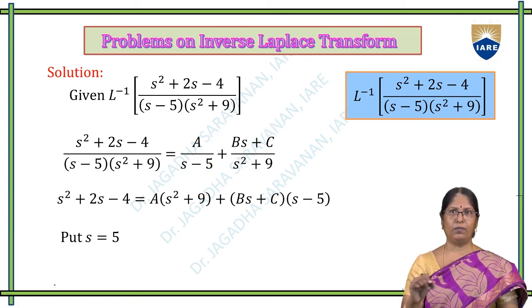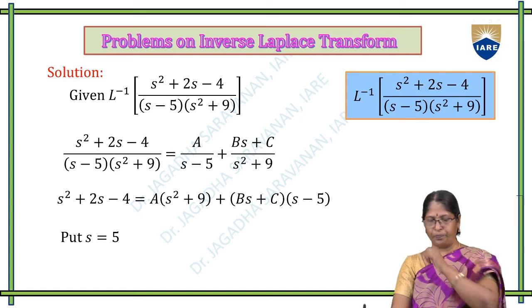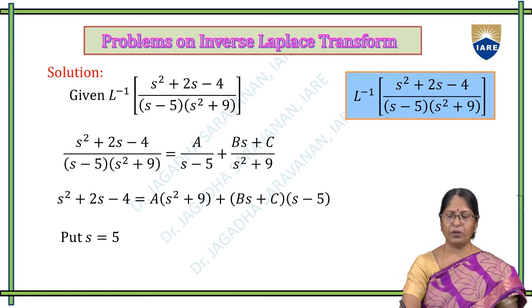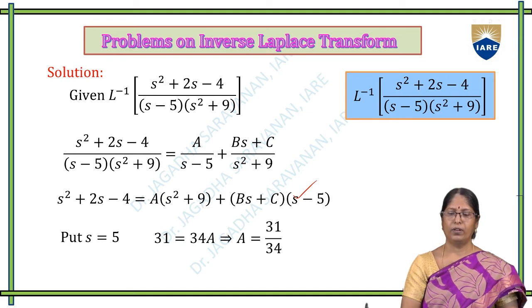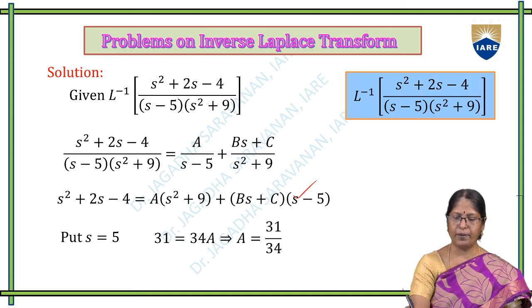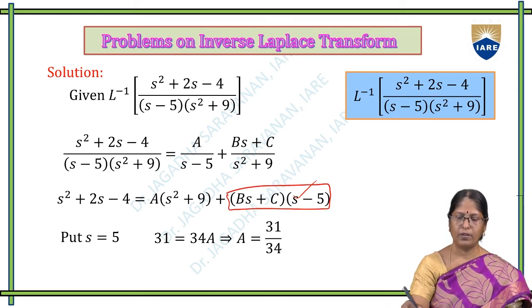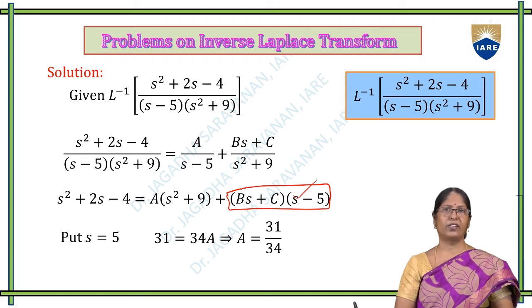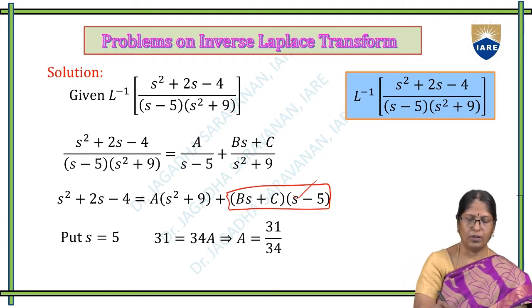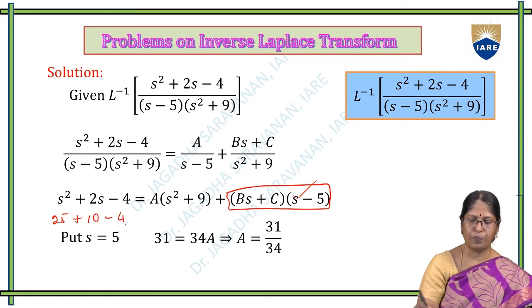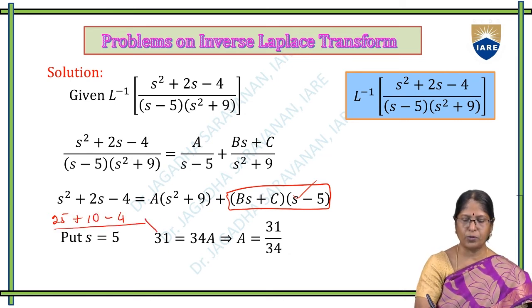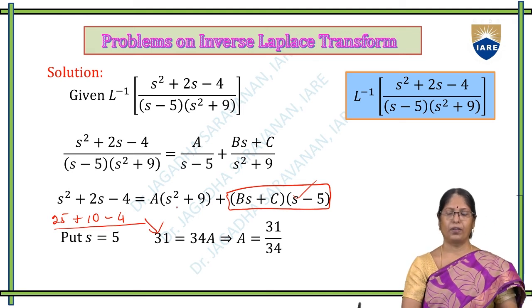In that particular place, s place we put 5. So this completely we are seeing here, it is getting vanished. So here 25, here plus 10, here minus 4. So left side it has become 31.